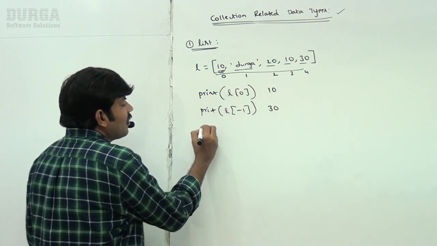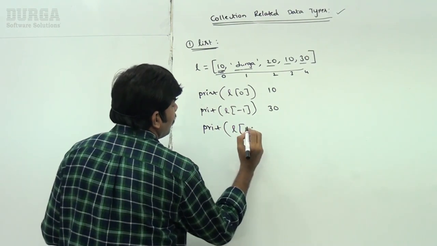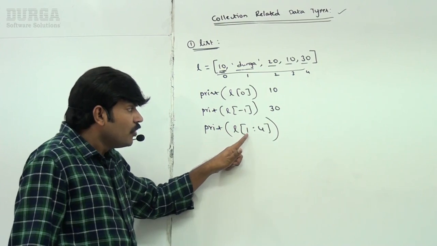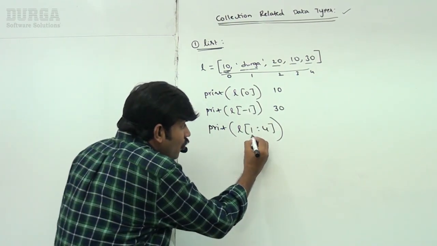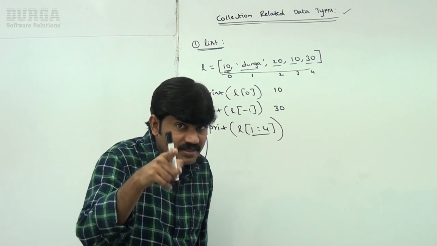Next, slicing also. If you observe, print of L of 1 colon 4, like this I am taking, sir. What is this operator? Slice operator.